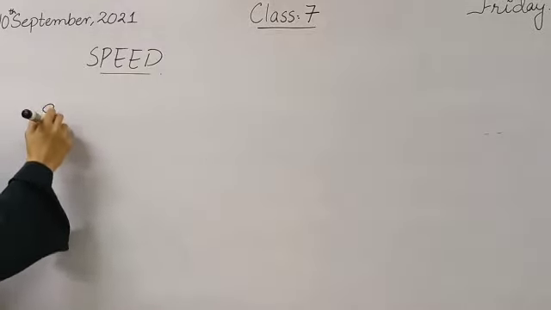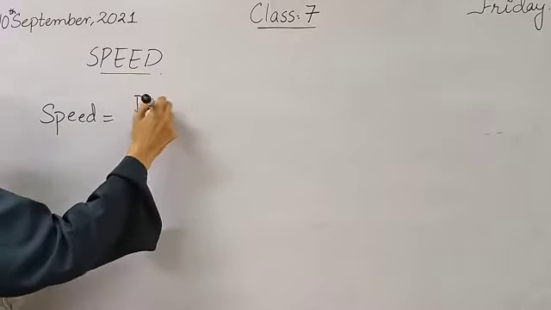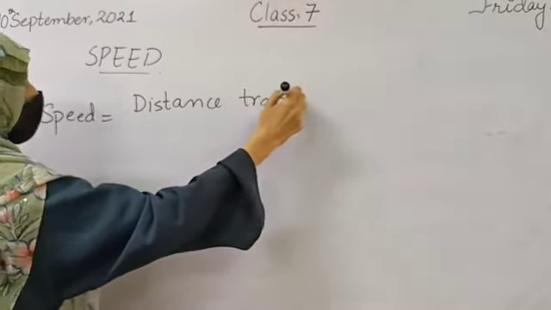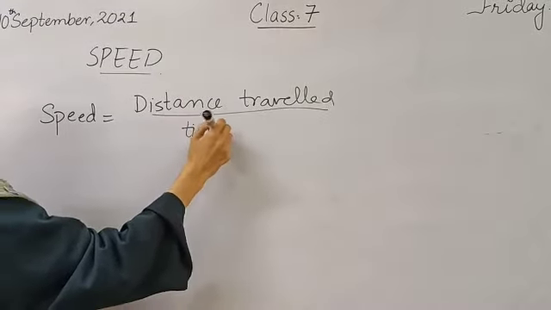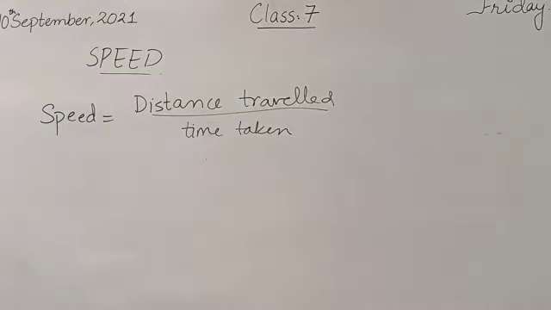What was the formula of speed? Distance traveled over time taken. Yesterday we solved some word problems related to speed, and today we will also solve some other word problems involving speed.